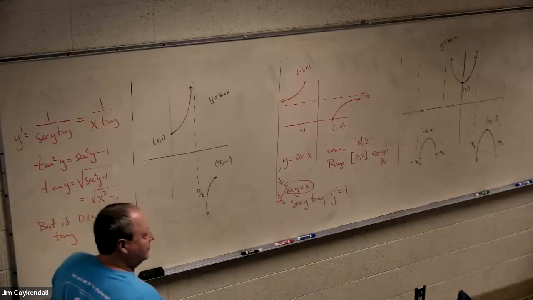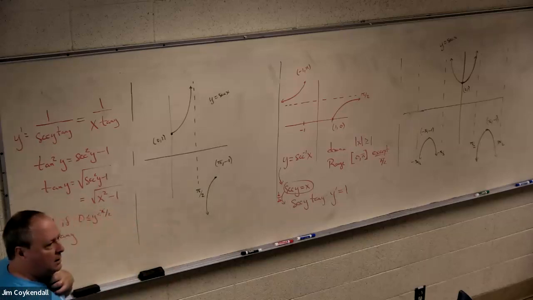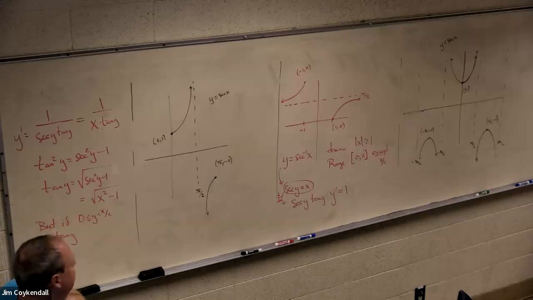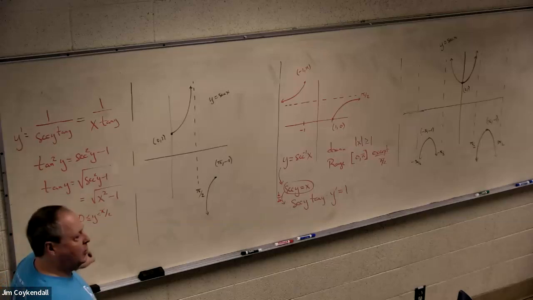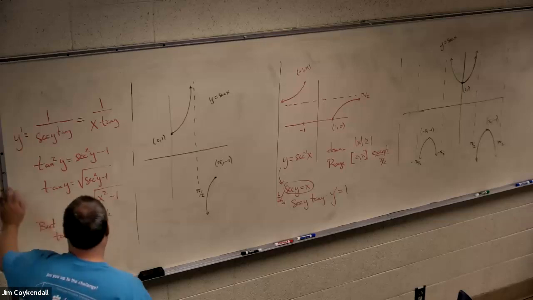What can you say about the sign of the tangent of y? This is basically the first quadrant, right? Is the tangent positive or negative? It's positive, because in the first quadrant the tangent is positive.